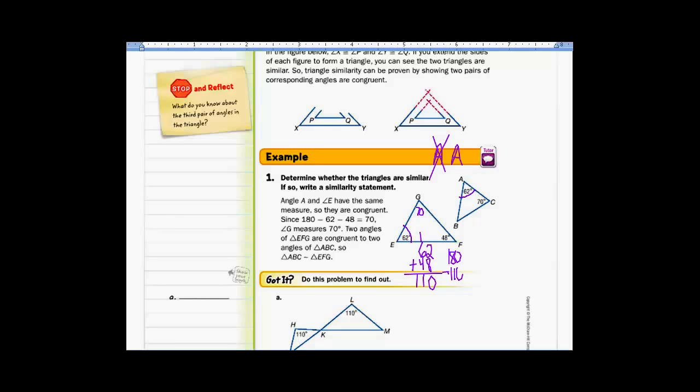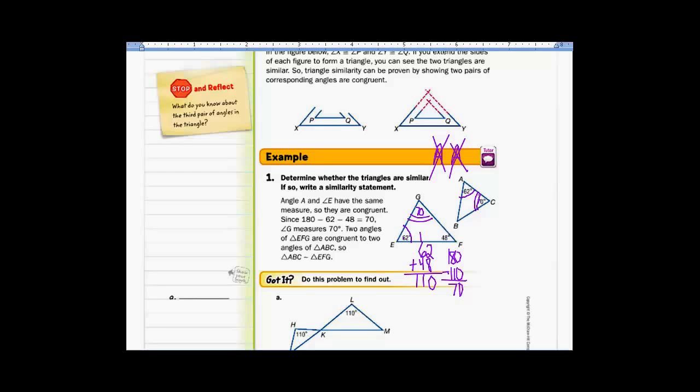Subtract the amount that are in two will give me what's left over in the third one. So right there, if I know that this one is 70, that one already matches up with that. Therefore, that is my second angle. 62, 70, 62, 70. Therefore, I know those two triangles are similar.